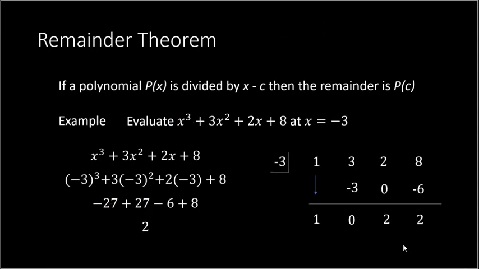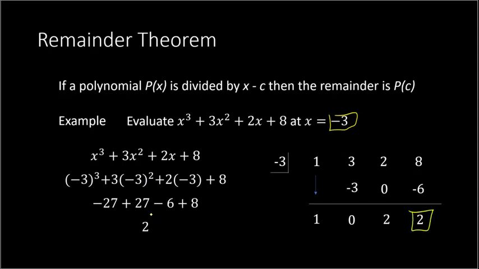So what this does for us is two different things. One is that if you wanted to evaluate quickly, if you wanted to plug in this negative 3 right here in place of x, sometimes it's going to be a large number, and it's going to be a pain to have to evaluate and calculate everything. So what you could do instead of evaluating is use synthetic division and find the remainder.